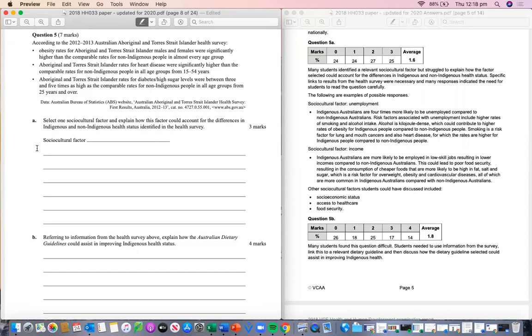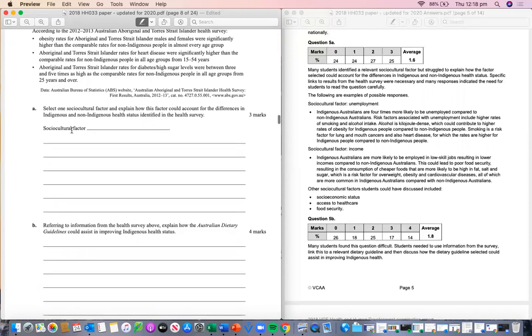So, question 5A. Select one socio-cultural factor and explain how this factor could account for the differences in Indigenous and non-Indigenous health status identified in the health survey. So again, I'm going to look at Indigenous and non-Indigenous health status, and I'm going to look at differences.